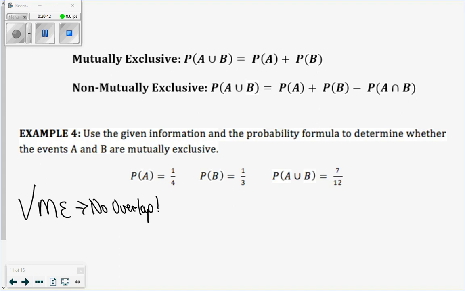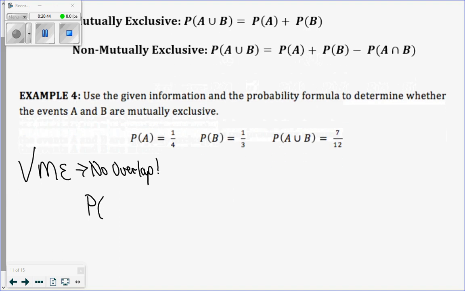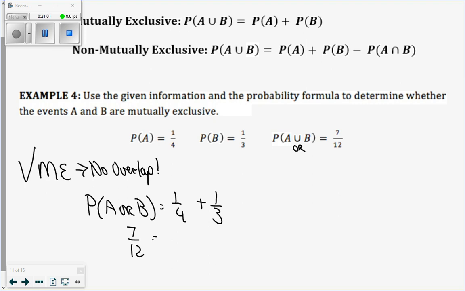So probability of A or B. So 1/4 plus 1/3. Okay, and again, this means or, right? That little U, union. So I've got 7/12 equals 1/4 plus 1/3.